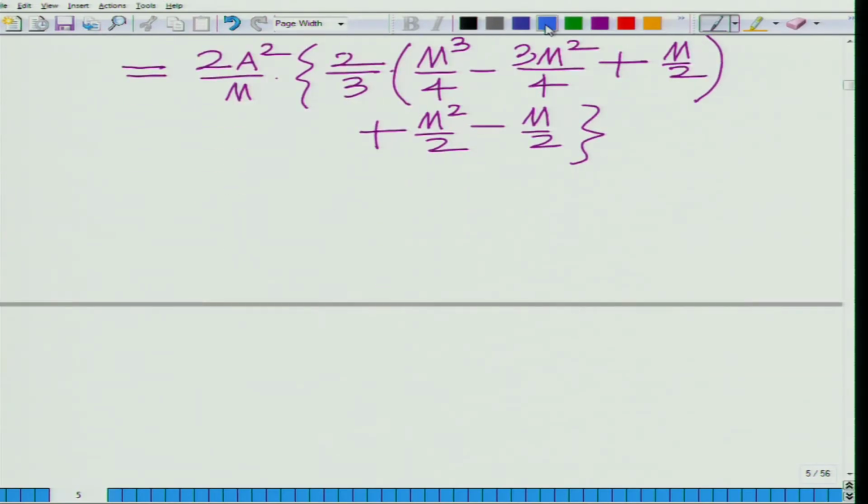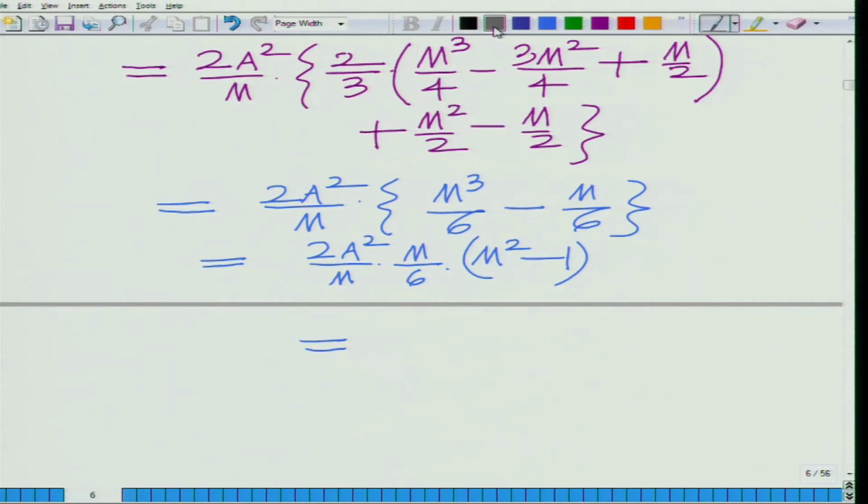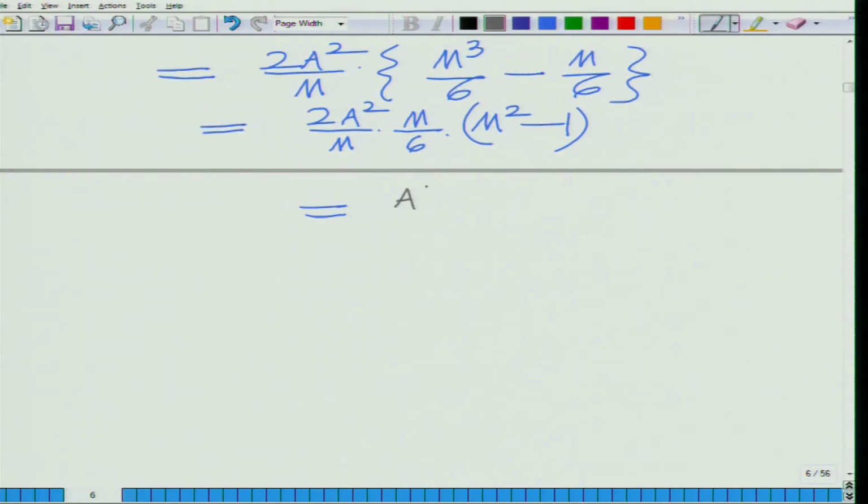If you now simplify this further, what you will have is 2a squared divided by M into (M cubed by 6 minus M by 6), which is equal to 2a squared divided by M into M by 6 into (M squared minus 1), which is equal to a squared divided by 3 times (M squared minus 1).